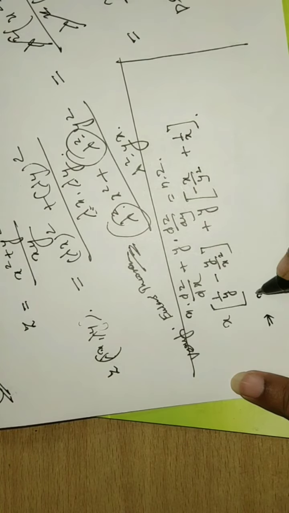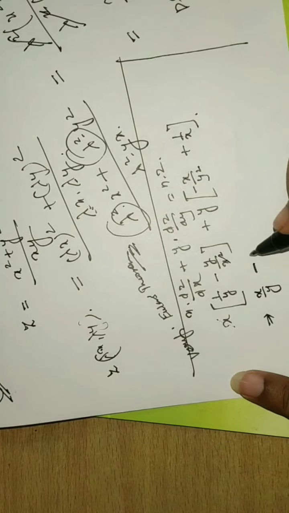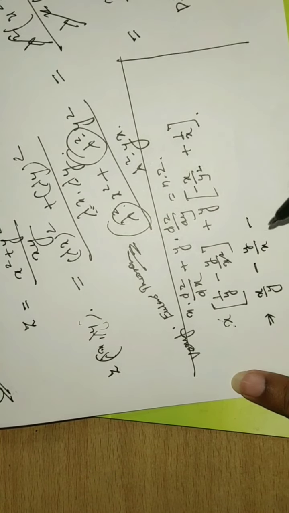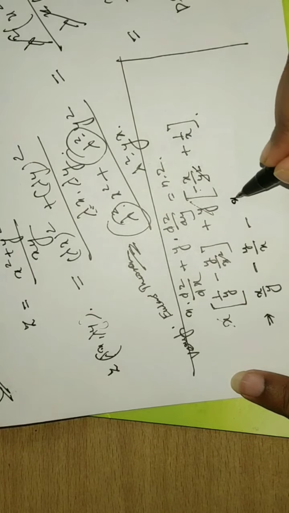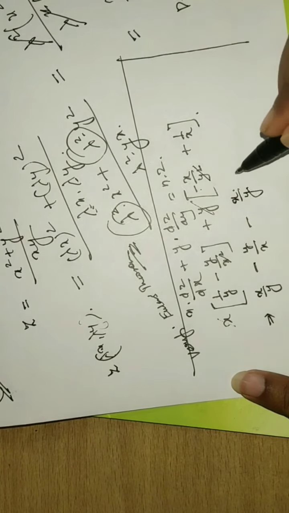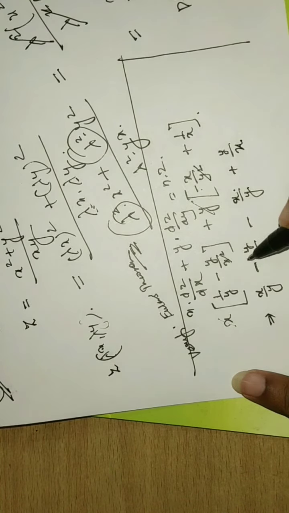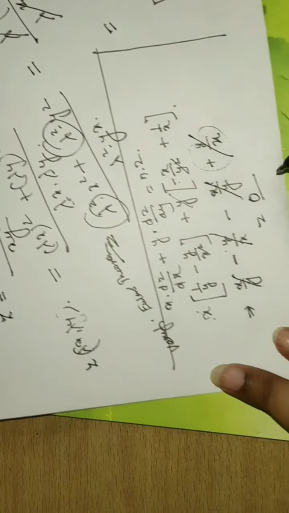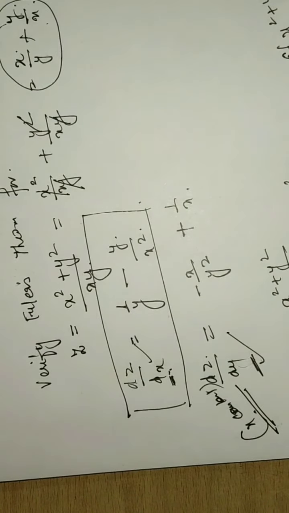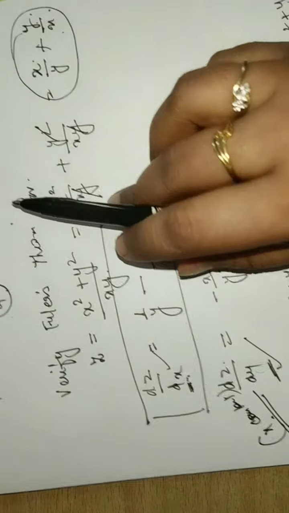So this will be x by y minus y by x, minus x by y plus y by x. Y by x minus y by x, cancel it. So this comes out to be 0. Hence, you have verified Euler's theorem.